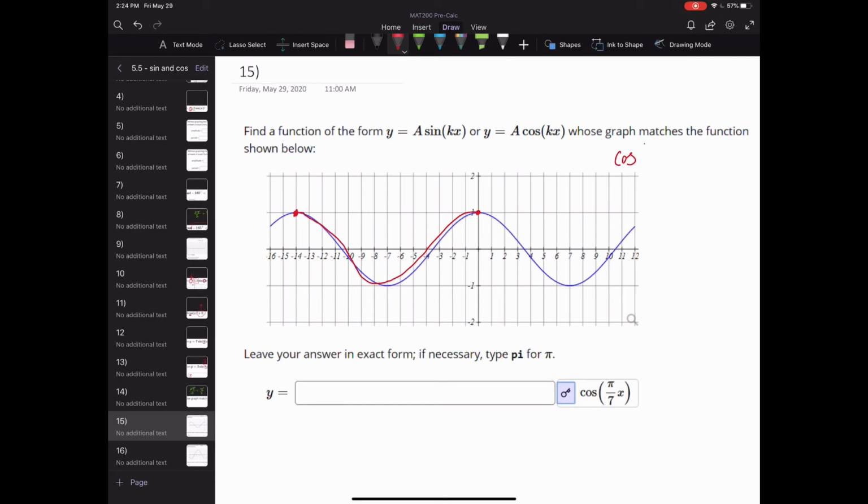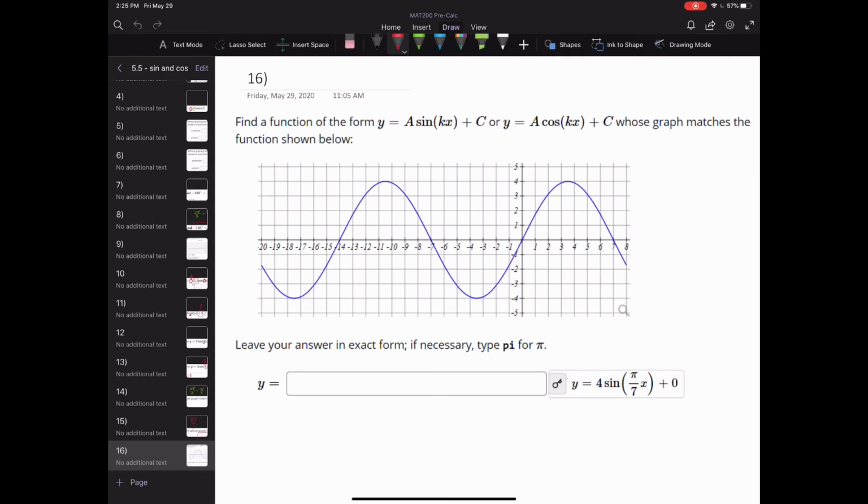So it's going to be cosine of 2 pi over 14. 2 into 2 is 1, 2 into 14 is 7. So pi over 7x. It doesn't seem to have a horizontal shift or a vertical shift, and the amplitude is just 1. So that's your final answer. And we can see that it's right there too.